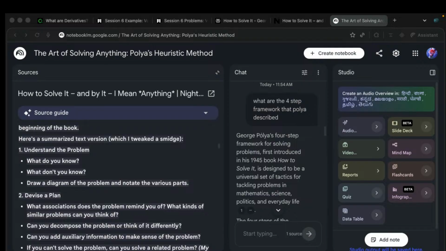So first, we have to understand the problem. Understanding the problem means, what do I know?